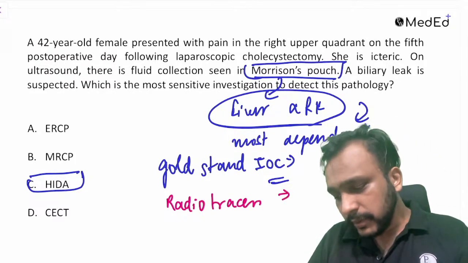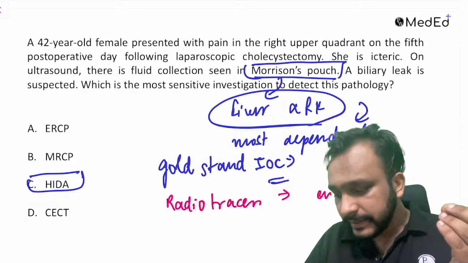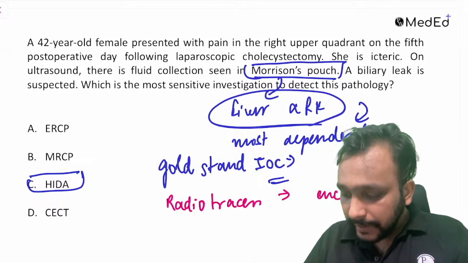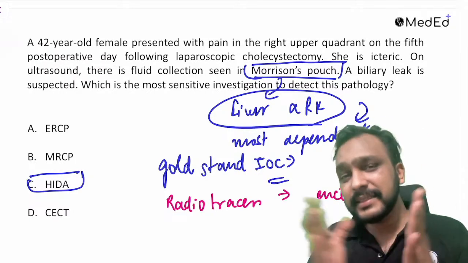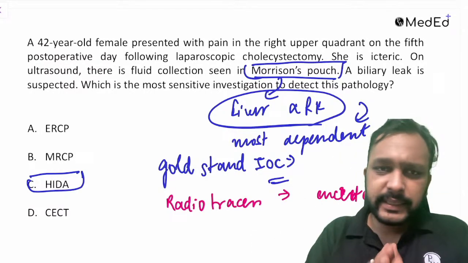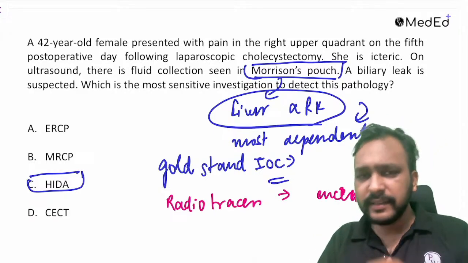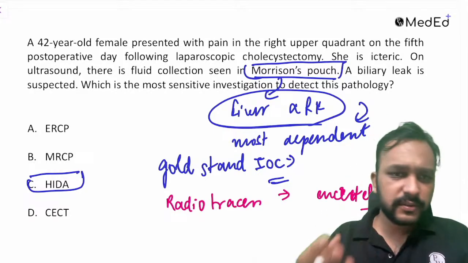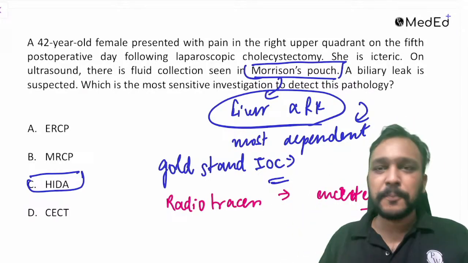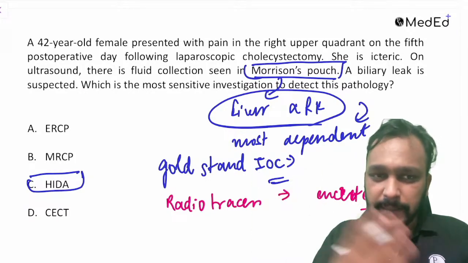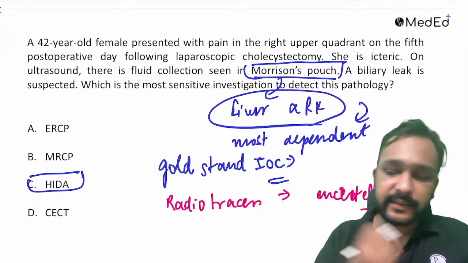And this radio tracer agent will be excreted within the biliary tract, right? If there is any injury to the biliary tract during the surgery, to the CBD or your common hepatic duct, the tracer is going to be excreted within the Morrison's pouch, and that can be picked up on the HIDA scan.